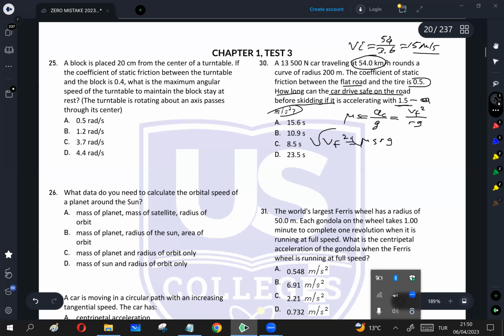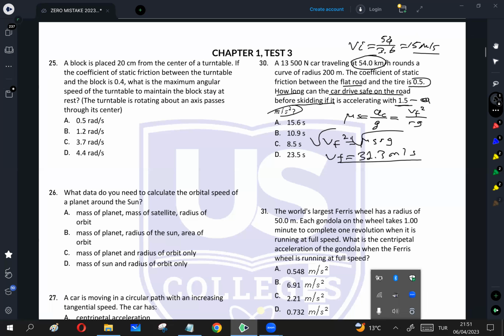So the final speed at which the car is still on the road: mu s is 0.5, R is 100, g is 9.81. So the root of 981 is 31.3. Almost 31 meters per second is the final speed at which the car is still moving in a circular path. After this speed, it will start skidding.